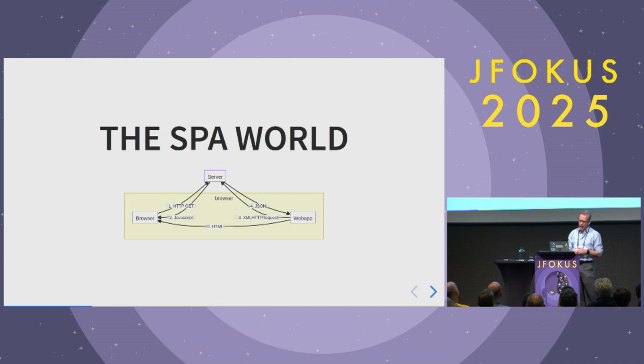We get JSON back, and the web app then takes that JSON and transforms it into HTML and gives that to the browser. And the browser and HTML is now just a crappy GUI language. It has nothing to do with the fact that we're sending stuff off. We're just using the DOM because we're in a browser. It's basically a JavaScript engine.